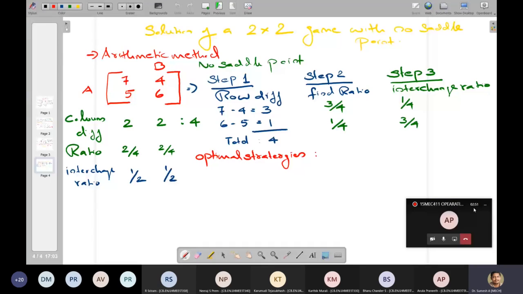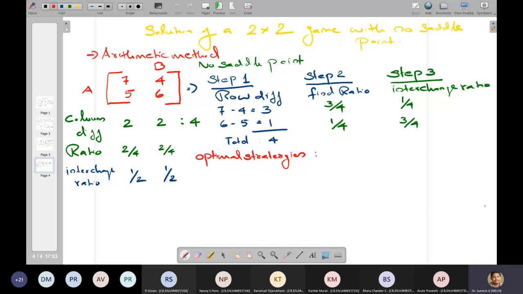If there is no saddle point, it means that you and your opponent are playing a mixed strategy game, not the same strategy. You are changing the strategy, and as a result, there is no saddle point. In that case, you have to go for step 1.